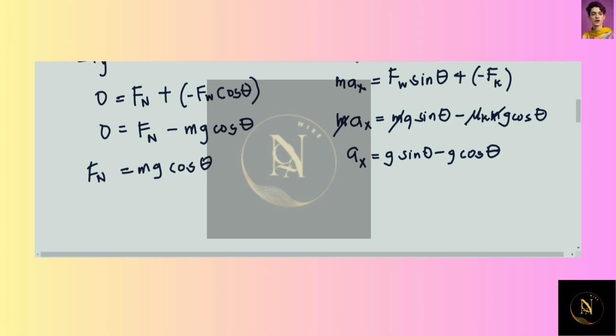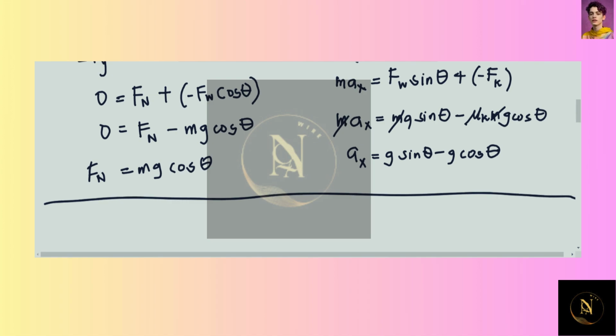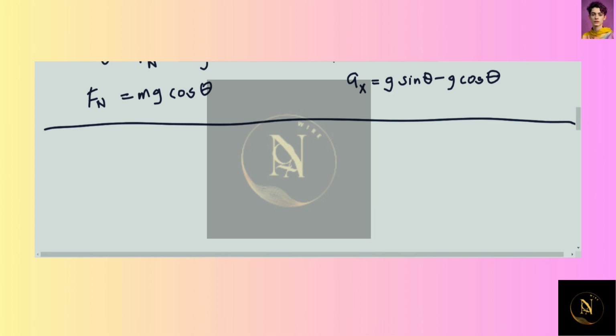Okay, this would be a long solution to derive an expression for the angle. I will just write it in the middle of the board. Rearranging, I forgot the coefficient of friction.